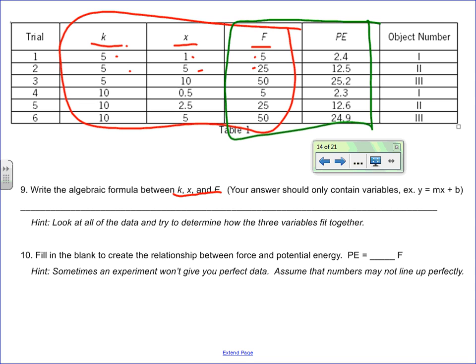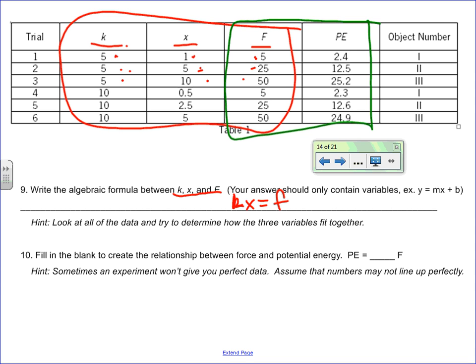If we take 5 times 1, we get 5. 5 times 5, we get 25. 5 times 10, we get 50. 10 times 0.5, we get 0.5. 10 times 2.5, we get 25. And 10 times 5 equals 50. And that works the whole way through. So our model is going to say that K times X equals F.